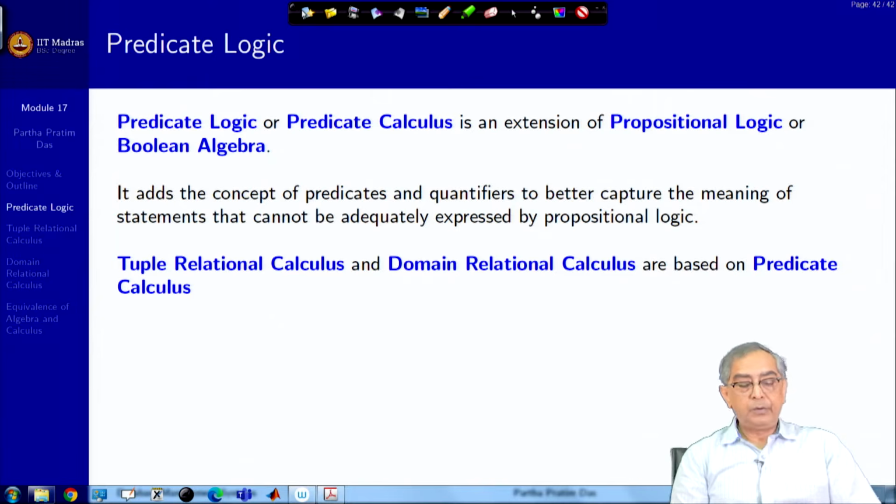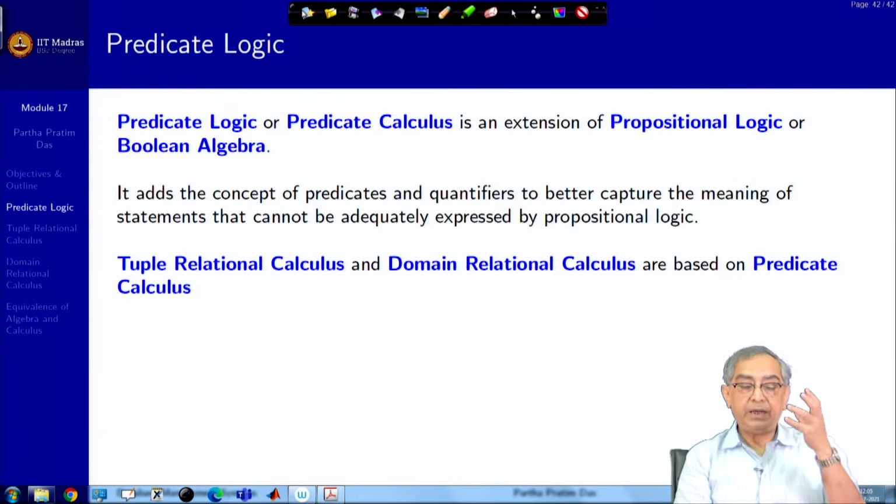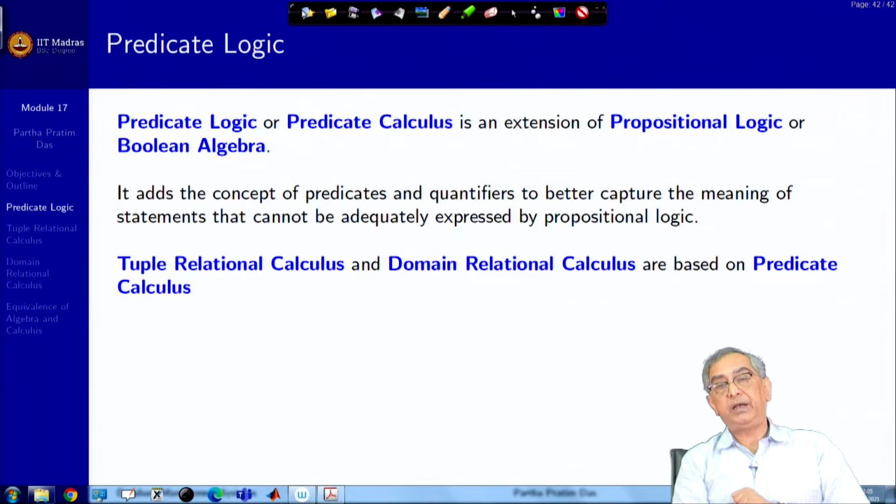When it comes to predicate calculus, you add a concept. You still have propositions, but you add the concept of predicate and quantifiers to better capture the meaning of the statements, which cannot be captured adequately, appropriately, precisely in terms of the propositional logic.